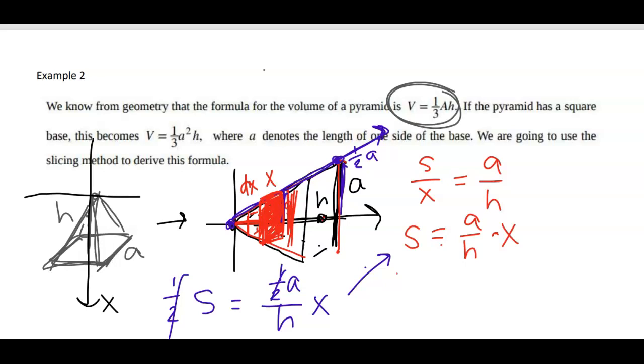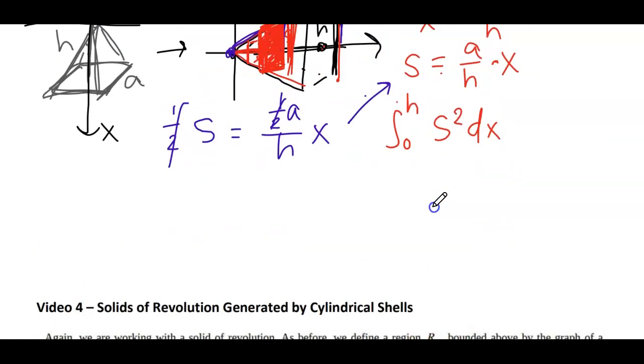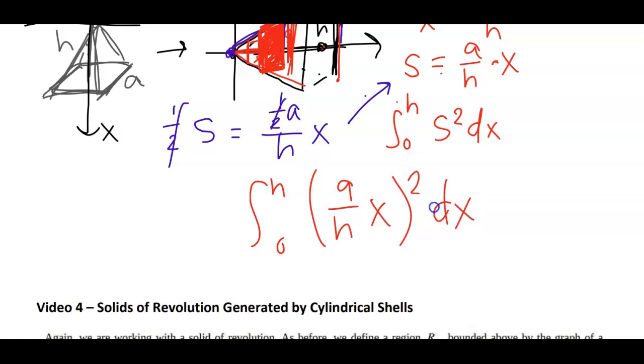So s times s, and then a volume piece of dx. So I'm going to add that up from 0 to h of s squared dx. But I know that s is equal to a over h times x.